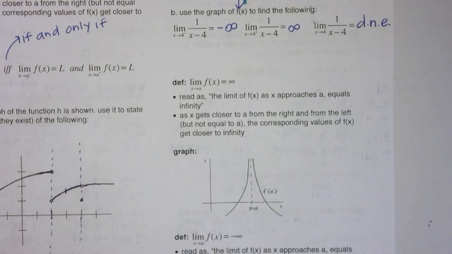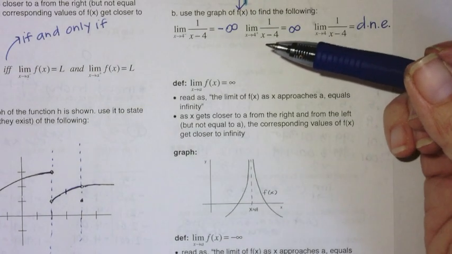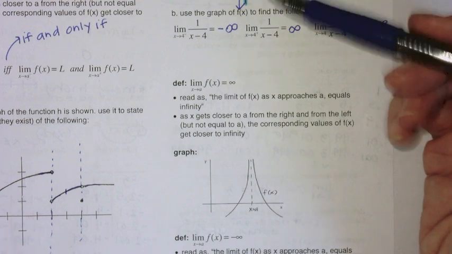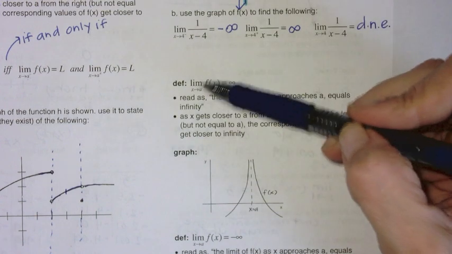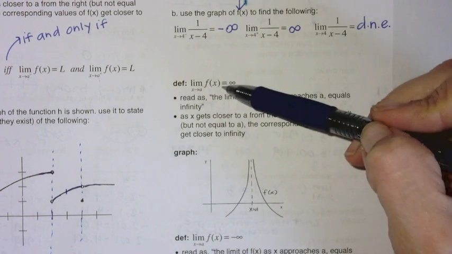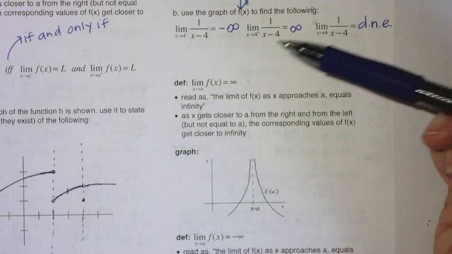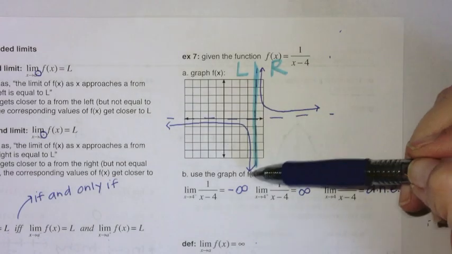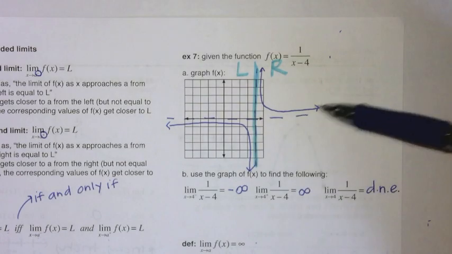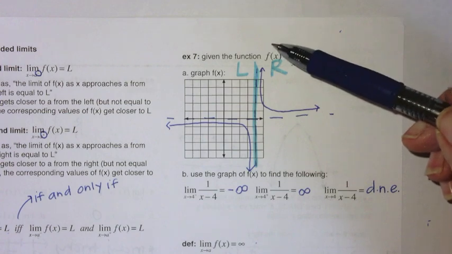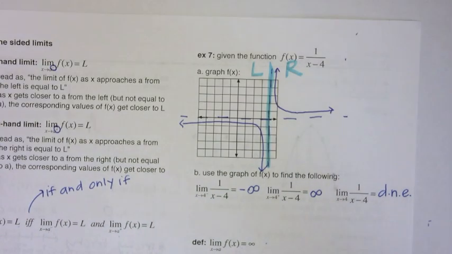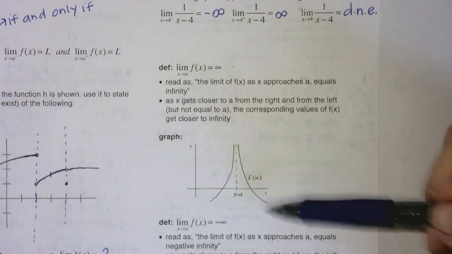So right here, we have the limits out of infinity. That's kind of what we were just showing you. The limit as x approaches a of f of x equals infinity. So what would that look like? Because this one, it was a left-hand limit to negative infinity, and this one was a right-hand limit to positive infinity. So how would you actually get a limit that equals infinity? Well, look at this graph right here.